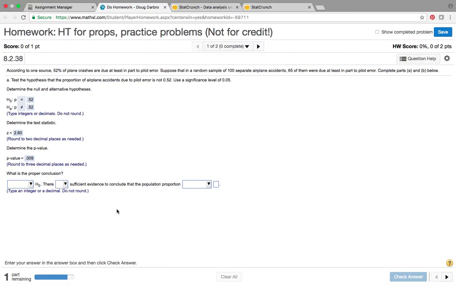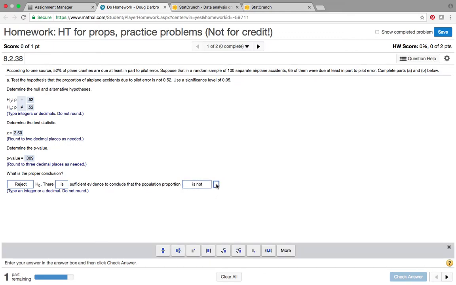What is the proper conclusion? Well, guys, we know we're going to reject because our p-value is less than alpha. Our alpha was 0.05, so we're going to reject H sub 0. So there is sufficient evidence to conclude that the population proportion is not 0.52.